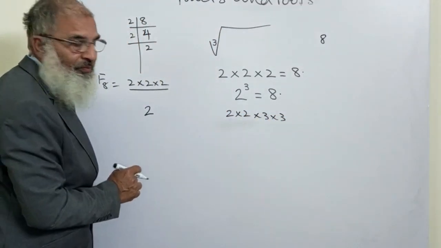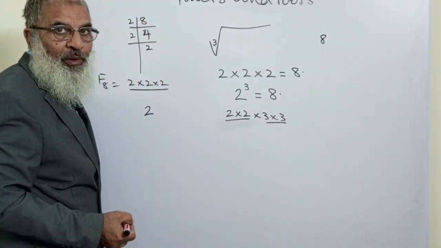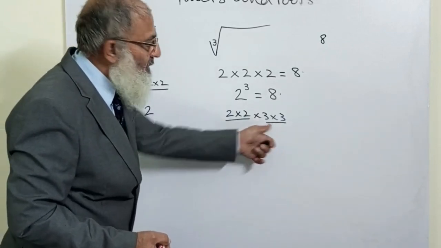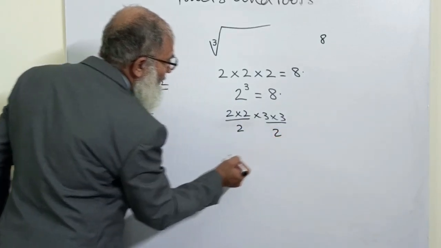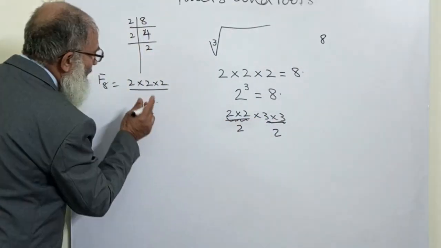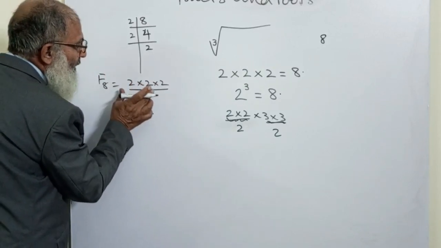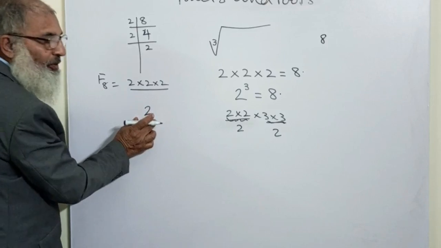There were two pairs, and this was a pair and this was a pair, and I took what? One out of this and one out of this. Now this is not a division, okay? Now I have to take three numbers as a group, and then I take one out of them.